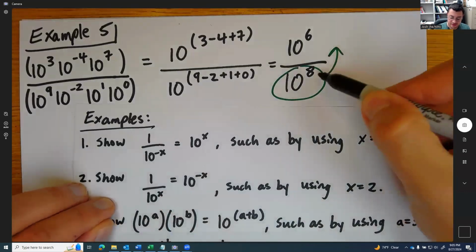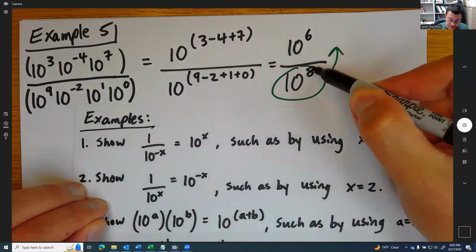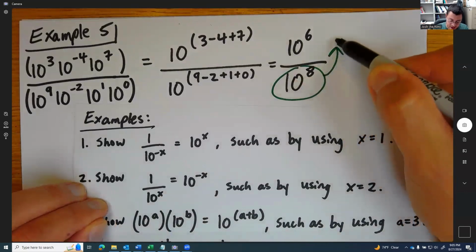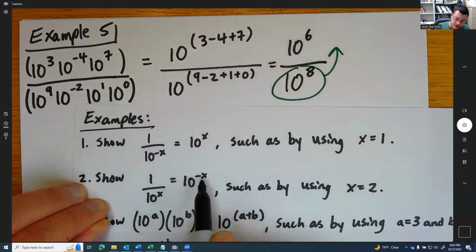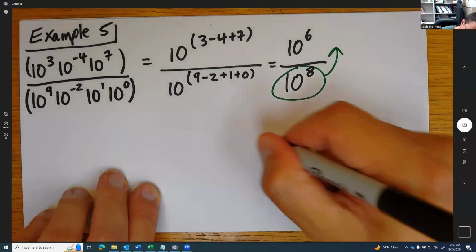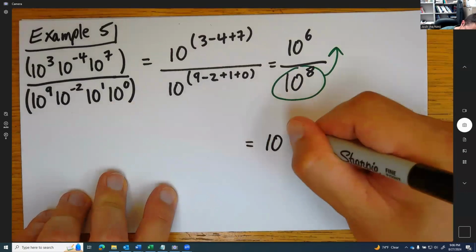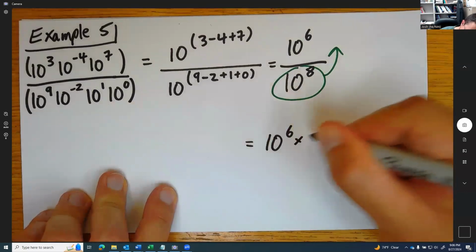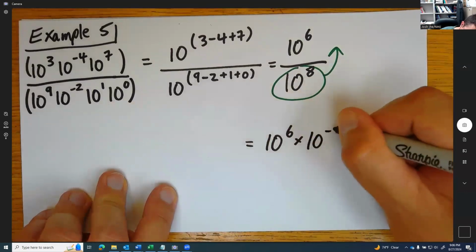So right now we have 10 to the positive 8. We're going to move it to the top, and that will require us to turn it into 10 to the negative 8. Okay, so let's do that. We're going to have 10 to the 6th power times 10 to the negative 8 power.